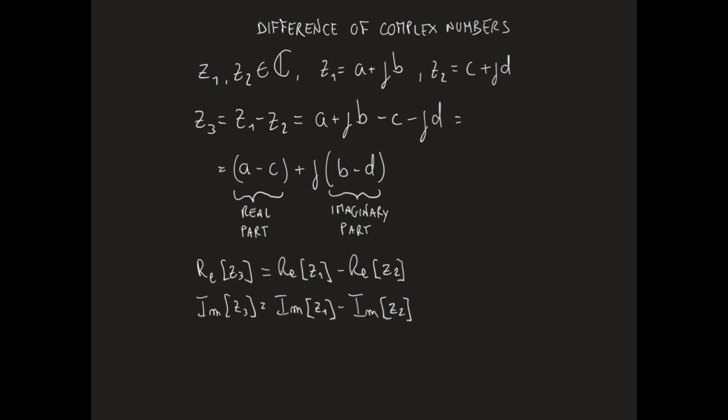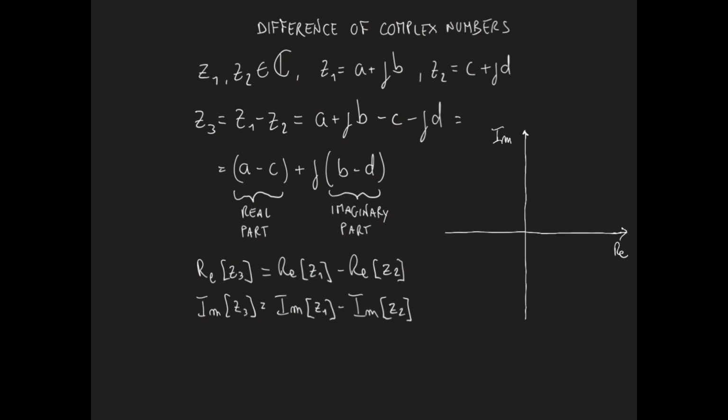As we did in the case of the sum of two complex numbers, also here we can implement the difference between z1 and z2 graphically by means of their Cartesian representation in the complex plane.